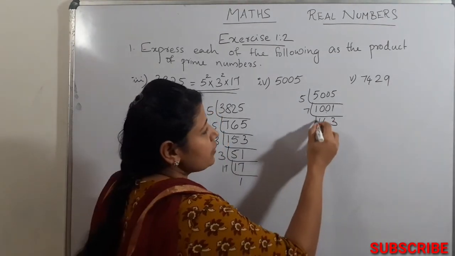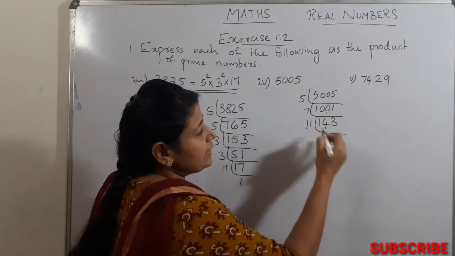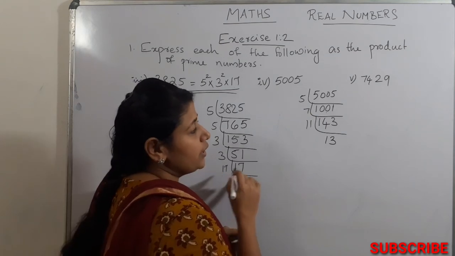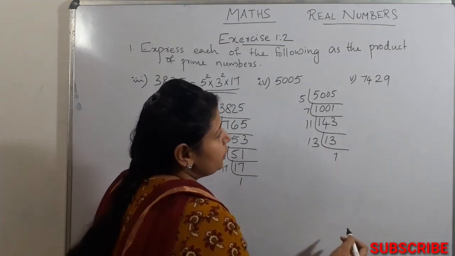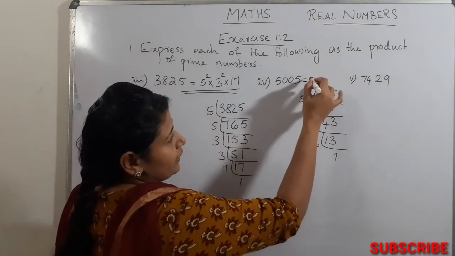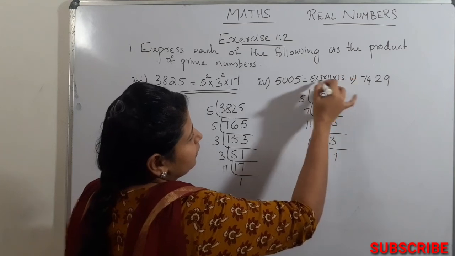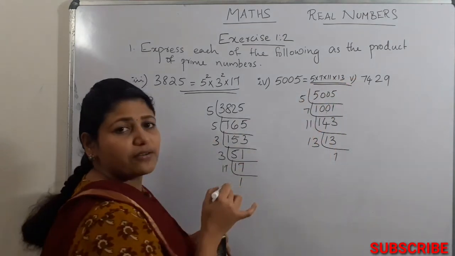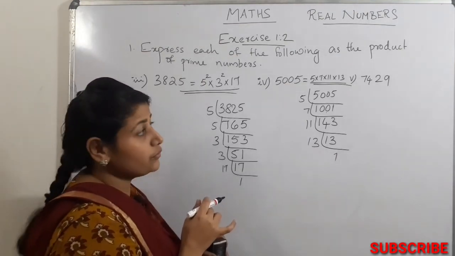Okay, 143 is also divisible by 11. Okay, 11 into 13 is 143. So 13 is also a prime number, no need to divide any more. So you can write this 5005 as 5 into 7 into 11 into 13, all prime factors.